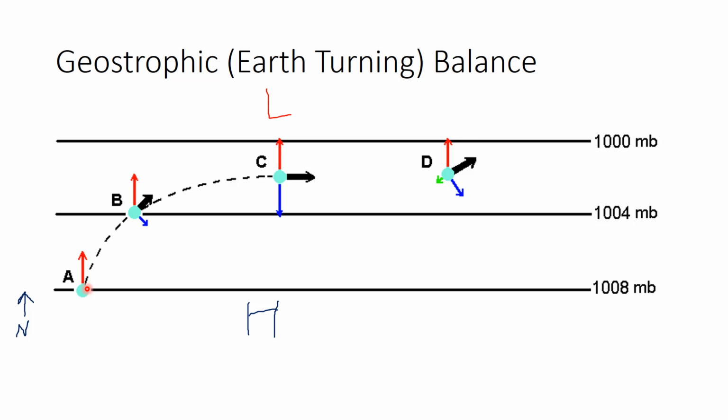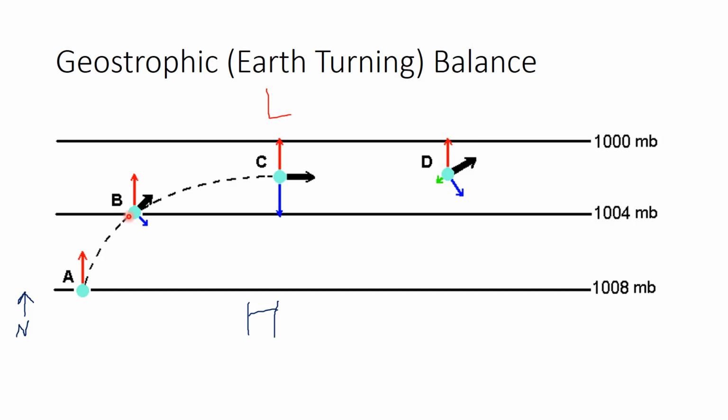As it turns to the right, the direction of the pressure gradient force does not change, but the Coriolis force causes the particle of air to keep turning right. As the particle speeds up faster and faster, the Coriolis force gets stronger and stronger.